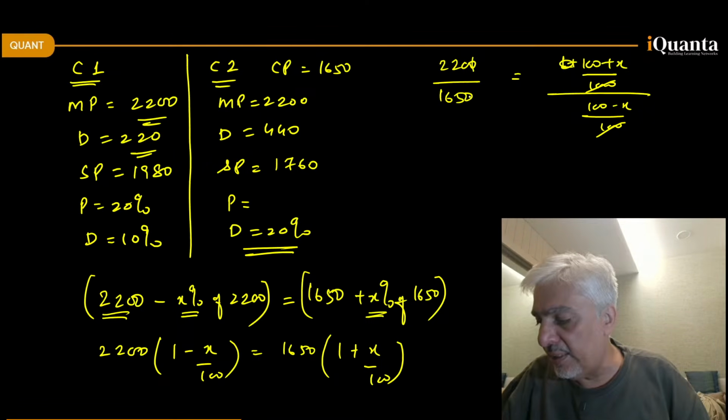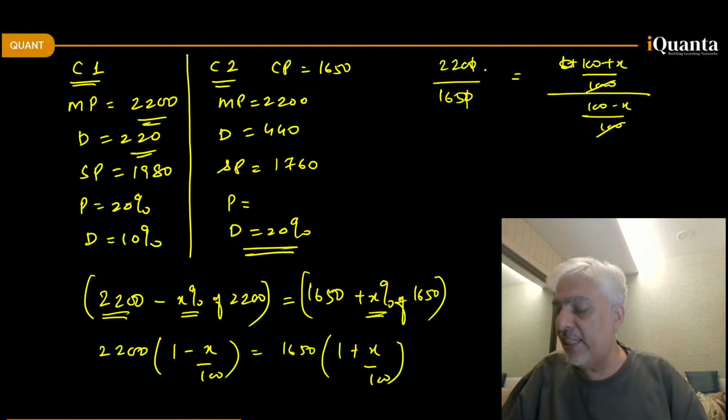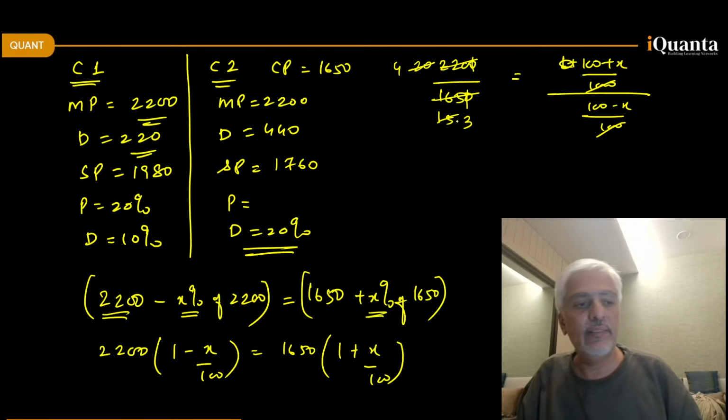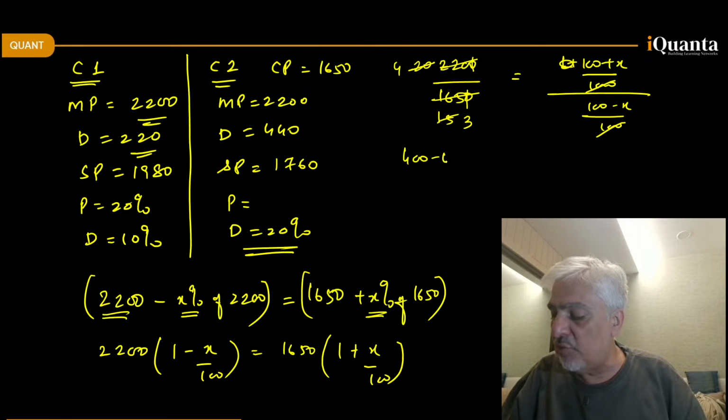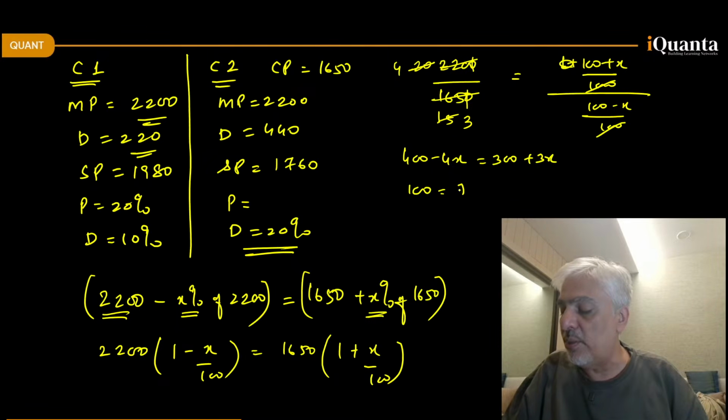You can cut further with 11. 11 20s are, 11 1s are, 11 5s are, 5 4s are, 5 3s are. Let's solve this. 4/3 आया. 400 minus 4X is equal to 300 plus 3X. 100 is equal to 7X. X is equal to 14.28%.